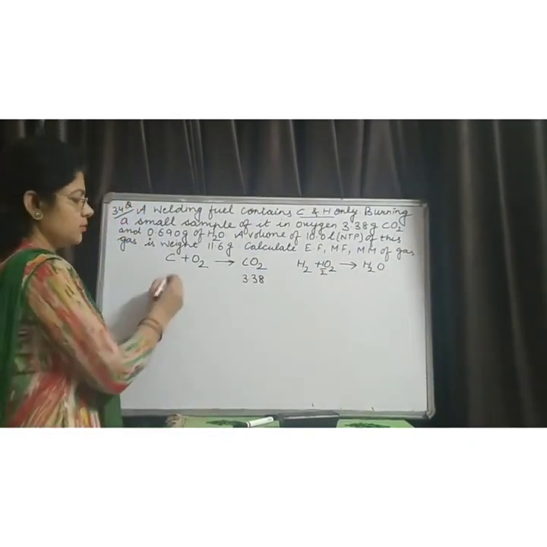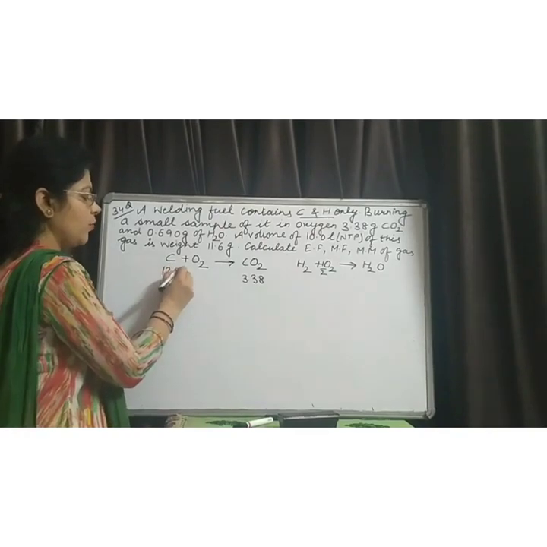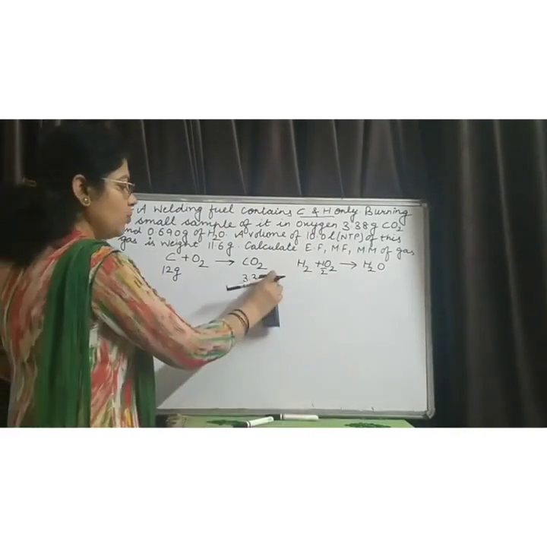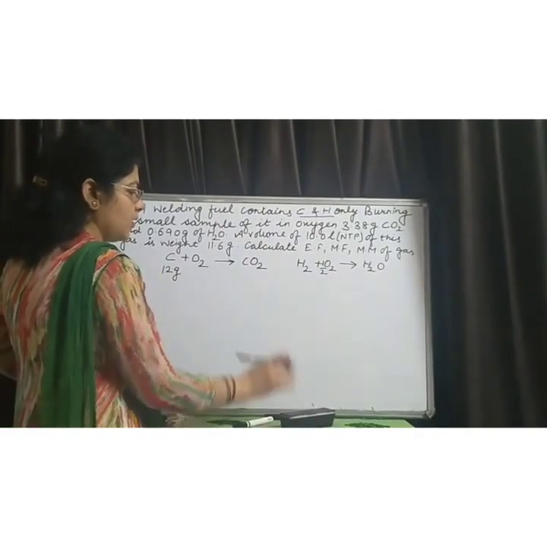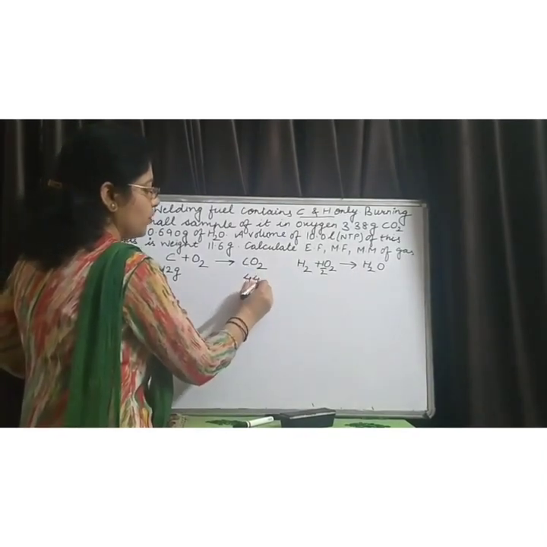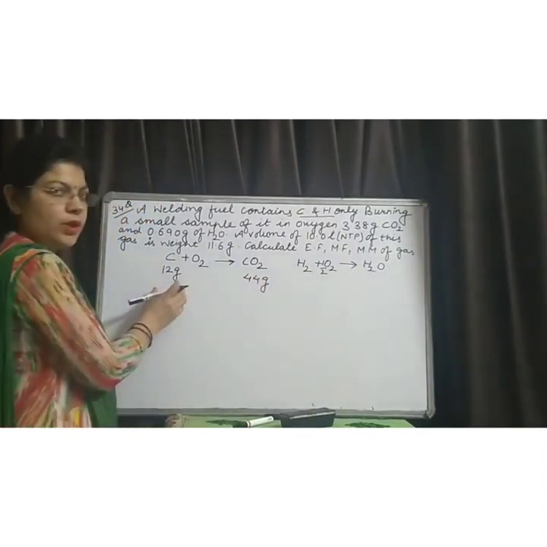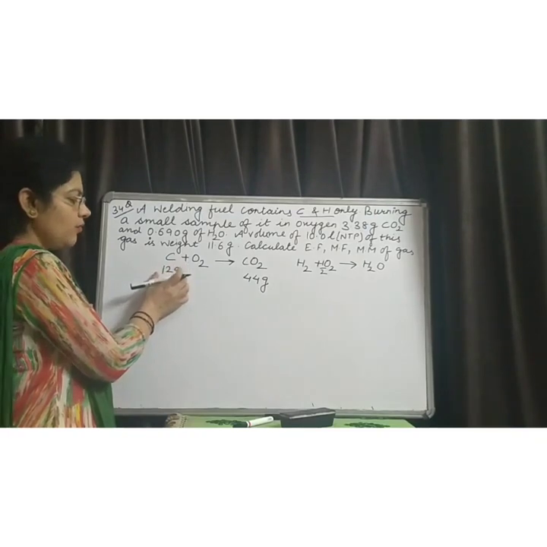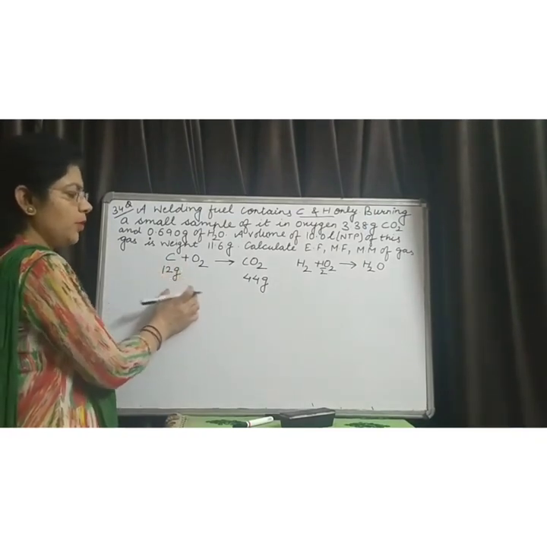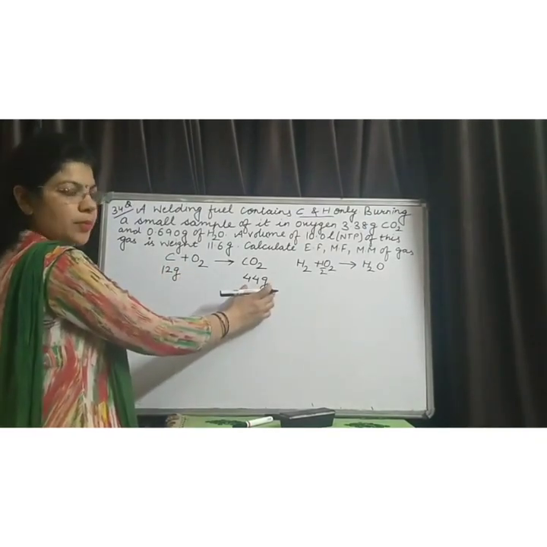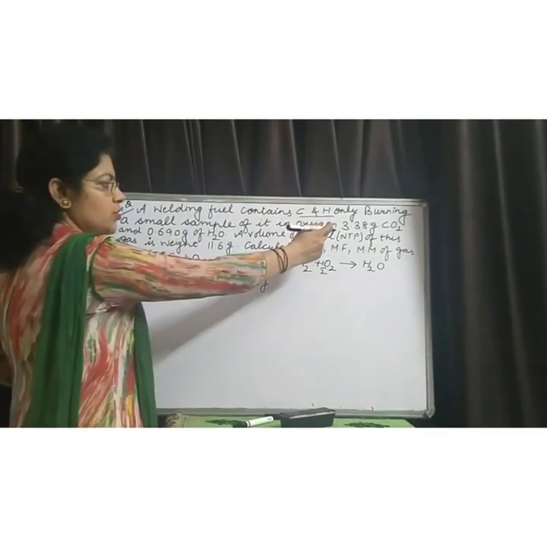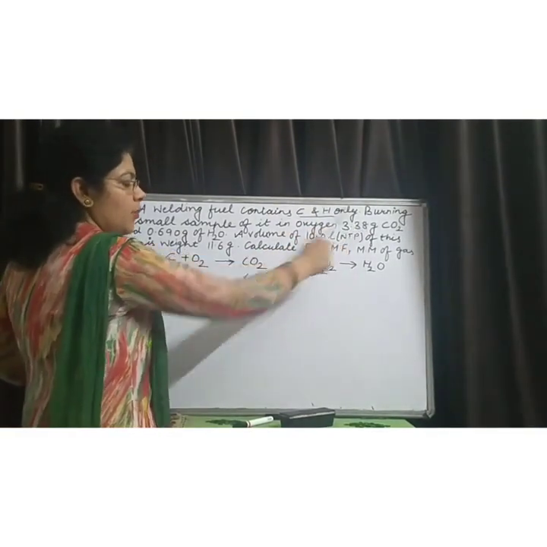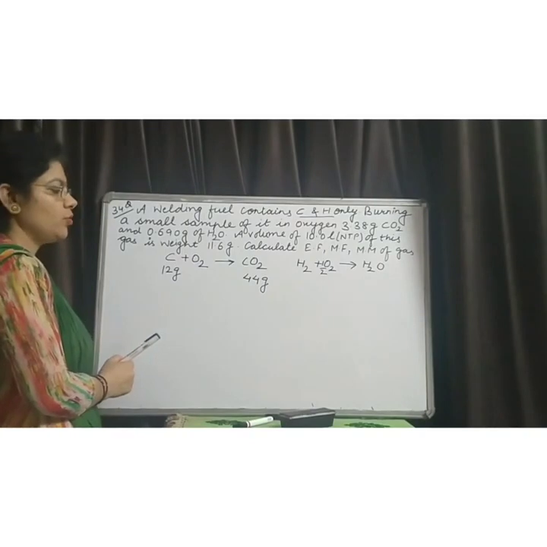You know that from 12 gram of carbon, the amount of carbon dioxide gas is 44 grams. When we burn 12 grams of carbon, it produces 44 gram of carbon dioxide, and in this question 3.38 gram of carbon dioxide gas is given to you.